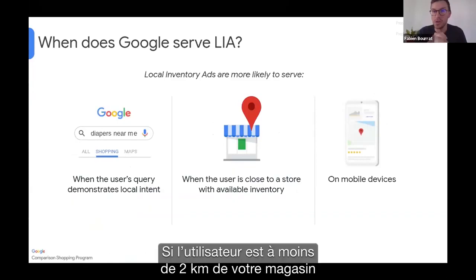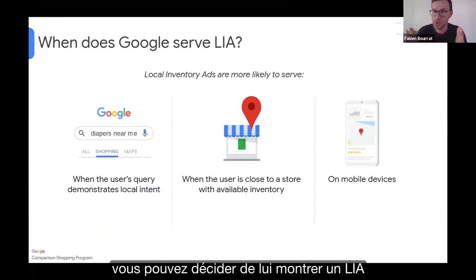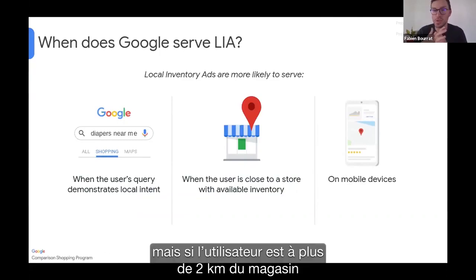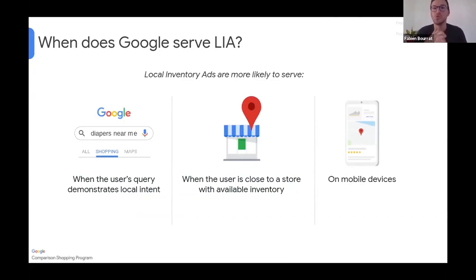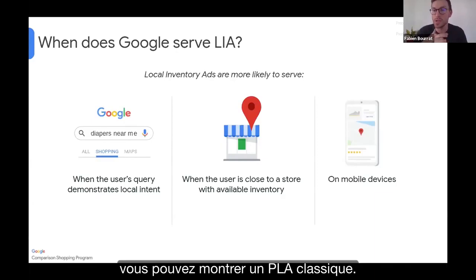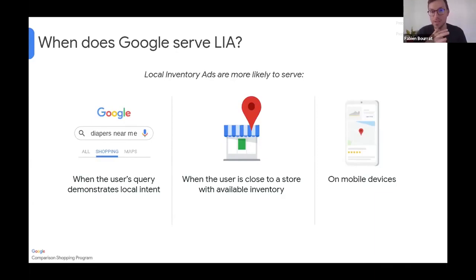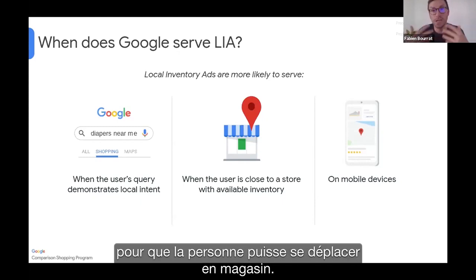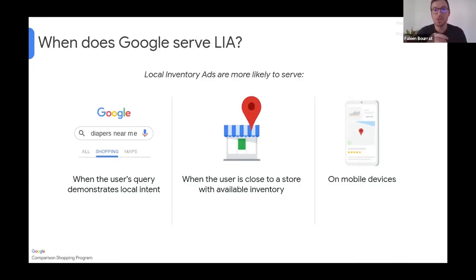You can decide, for example, that if a user is less than 2 kilometers away from one of your shops, you show a local inventory ad. But if the user is farther than 2 kilometers away from your shop, you show a regular product listing ad. And local inventory ads are more likely to serve on mobile devices, where people can actually move and go to the store.